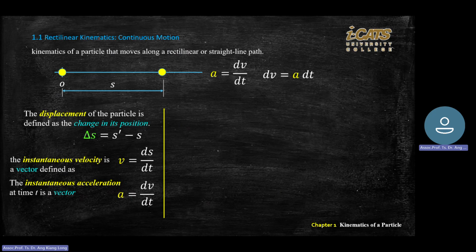So from here, you know that if you want to find velocity, you take acceleration multiplied by accumulation of time, and so on. Okay, so you add in the integration sign on the velocity.